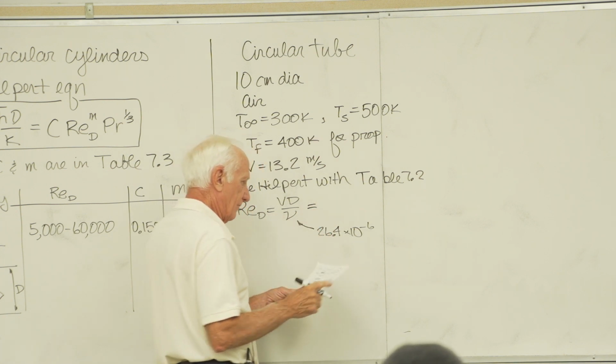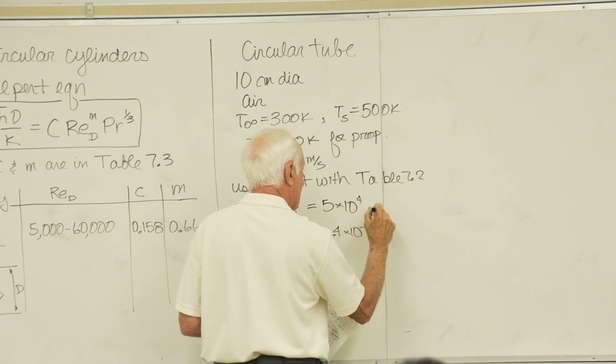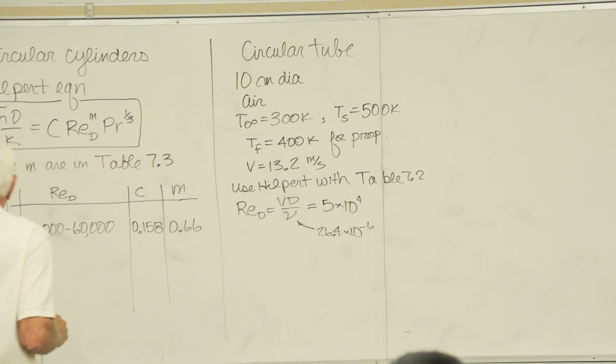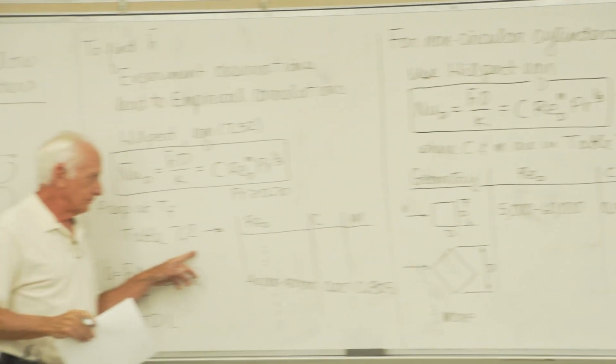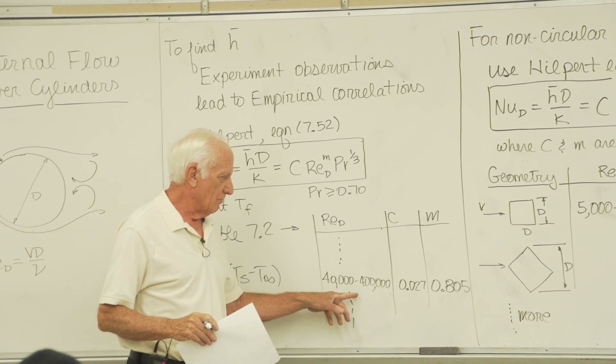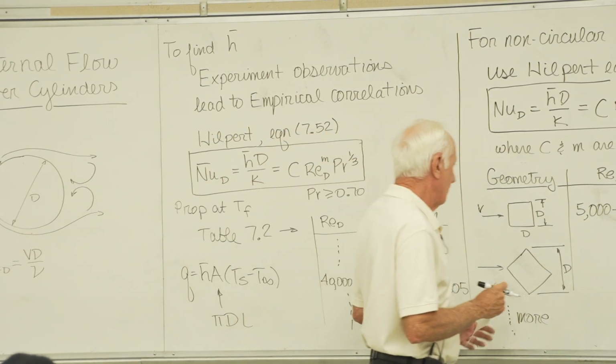We get the Reynolds number 5 times 10 to the 4th, 50,000. Go to table 7.2. Reynolds number in the range 40 to 400,000, 50,000. C 0.027, M 0.805.